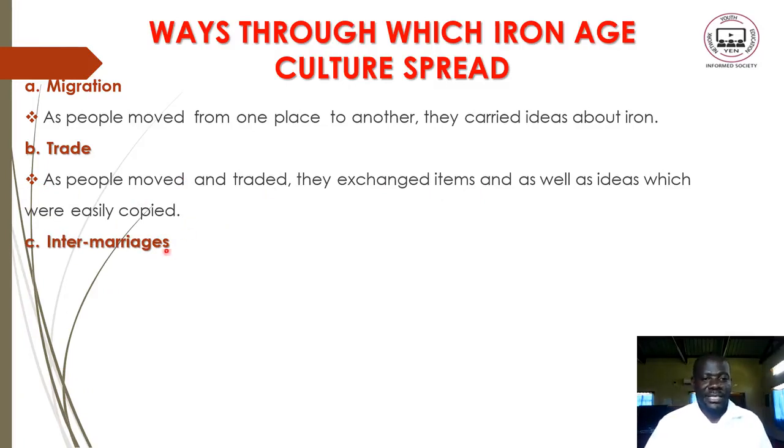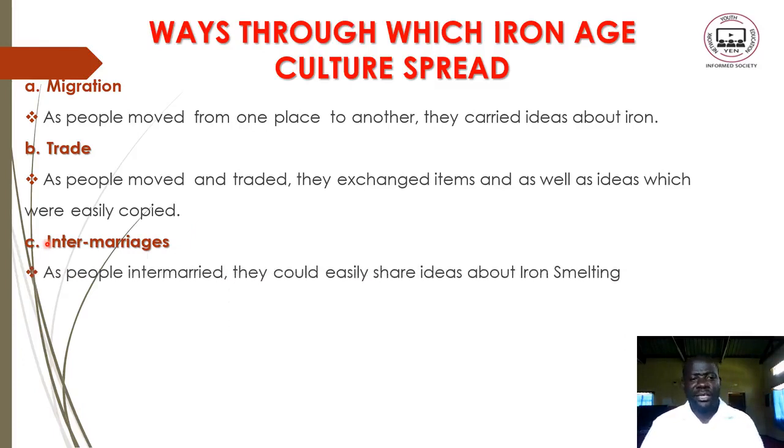Also, intermarriages. Intermarriage was another way through which Iron Age culture spread. As people intermarried, they could easily share ideas about iron smelting. So when people were marrying, just as it is today, when someone from Karonga marries someone from Nsanje, it means they will not only get married, but also ideas will be exchanged.